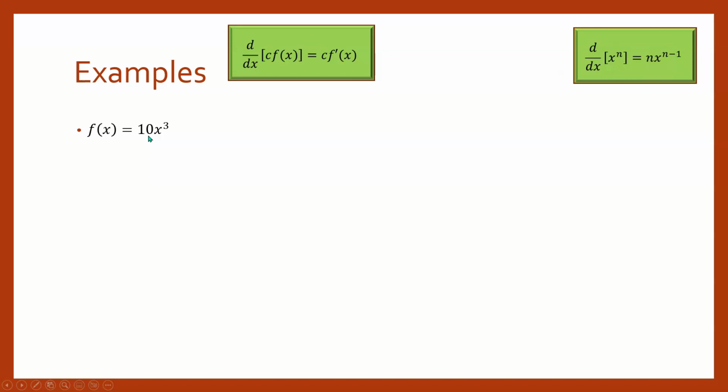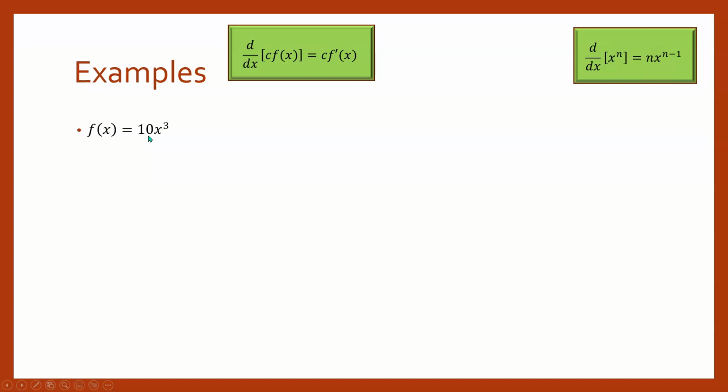So the overall derivative of 10x cubed is 10 times 3x squared, or 30x squared. And pretty soon you get the hang of these and you jump directly from 10x cubed to 30x squared. You say right away, oh okay, we got 10 times 3, that's 30, times x to the 3 minus 1 power.